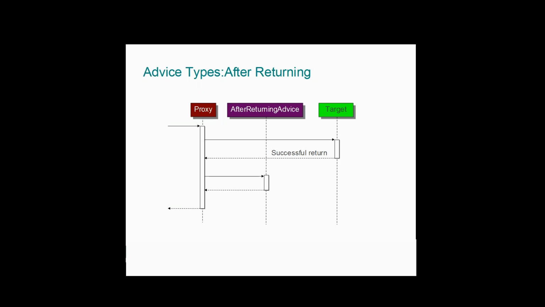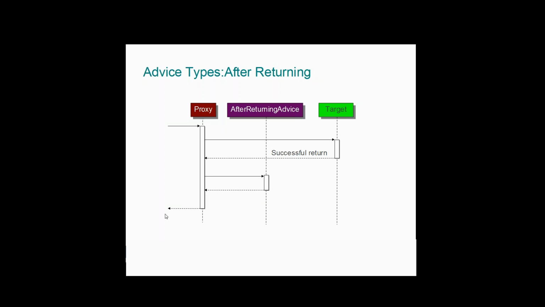After returning, you invoke the proxy, first the target method will be called. After the target method successfully returns an object, I call this after returning advice. That method gets called and comes back to the proxy object.